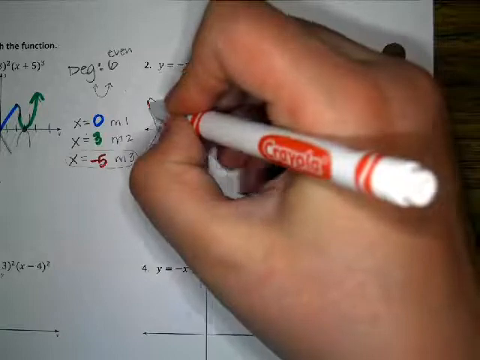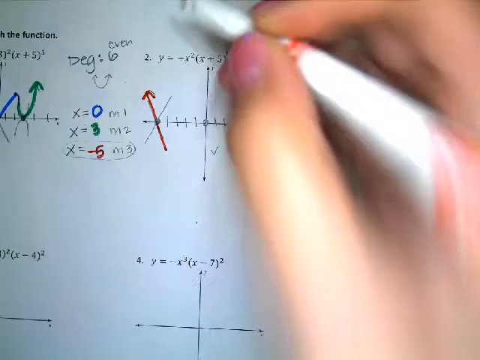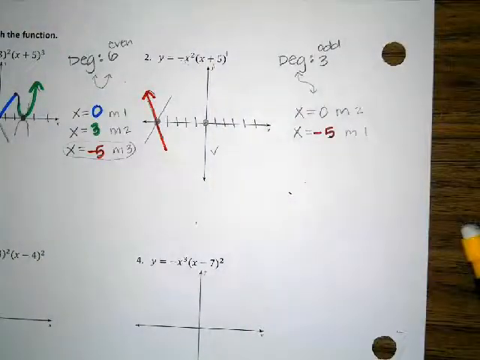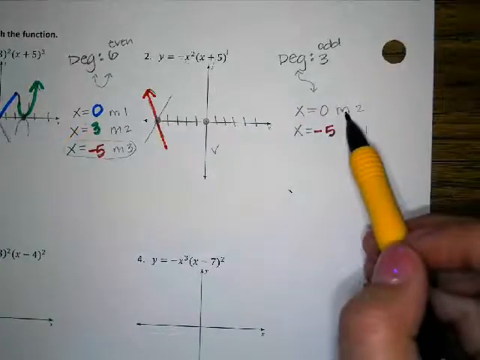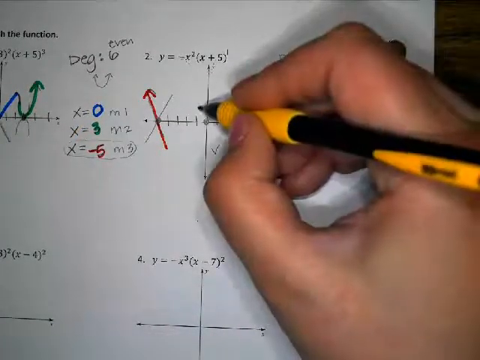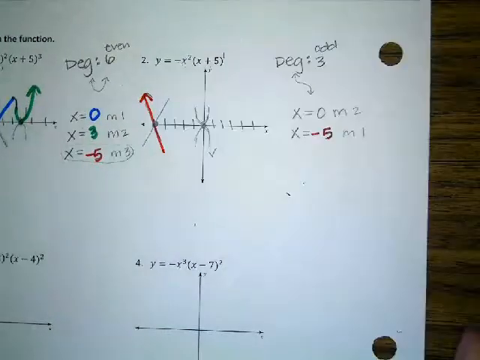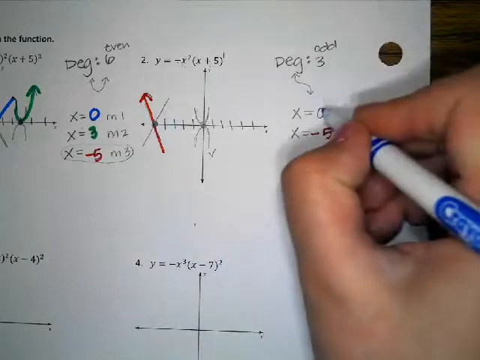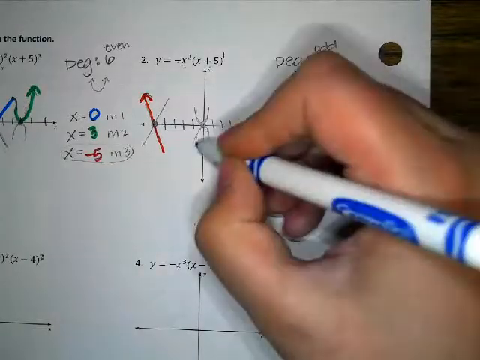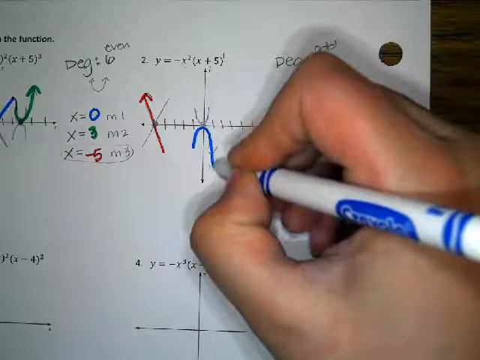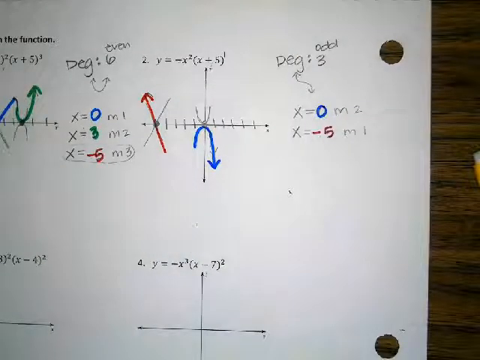At 0, we have a multiplicity of 2. Should we have a U shape going up or a U shape going down? We should have a U shape going down. Okay. And then we just have to connect them together.